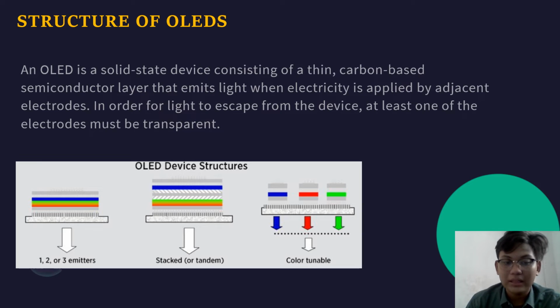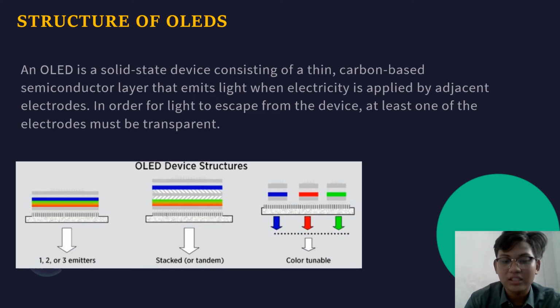To create white light, most devices use red, green, and blue emitters that can be arranged in several configurations, as illustrated below. The first one shows 1, 2, or 3 emitters, also known as single stack OLED, the simplest configuration for low-cost manufacture.